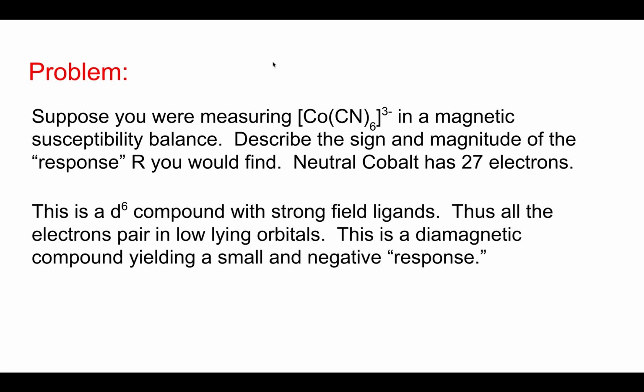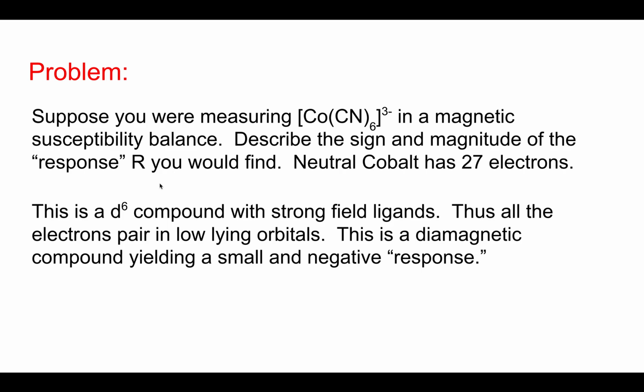So as I said, we have cobalt 3 plus. We take away the two 4s electrons, and then one of the 3d electrons, and we're left with a d6 compound.